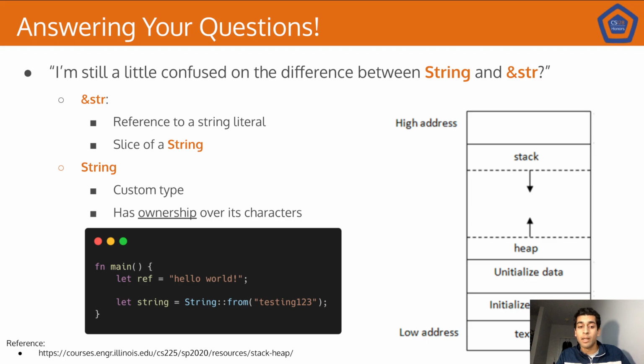On the other hand, when you create this variable, string is a variable in the stack, so it's located up here, but its characters, so testing 1, 2, 3, those are stored on the heap. So you have a pointer from the stack, the string, and it owns the characters on the heap. Again, you'll cover more about stack and heap semantics in future classes, but &str, the slice type, is a reference to some piece of data somewhere.